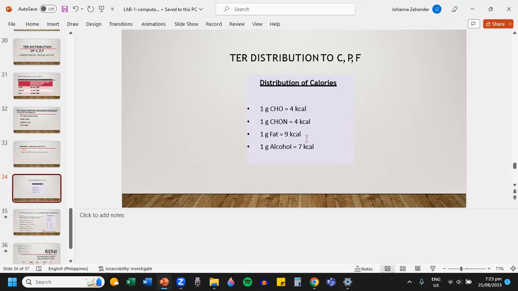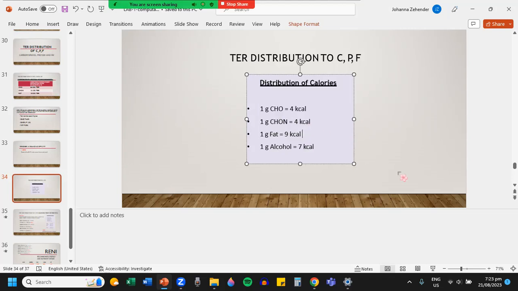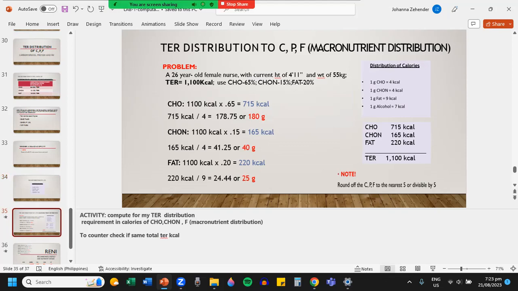But here, kindly focus on proteins, fats, and carbohydrates. So how do you distribute the TER of carbohydrates, proteins, and fats? This is what we call your macronutrient distribution.